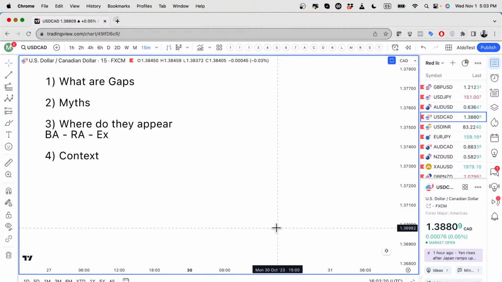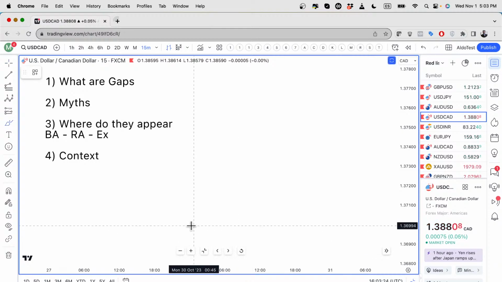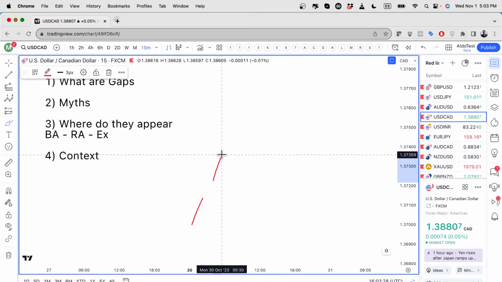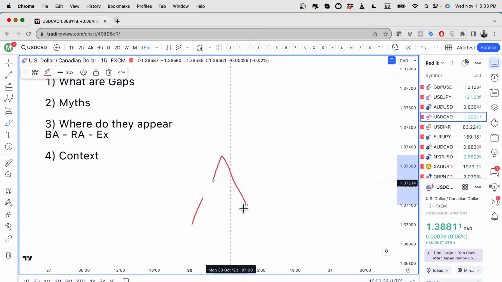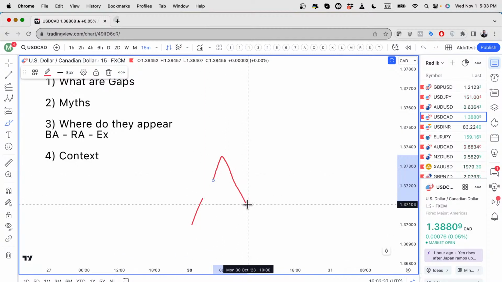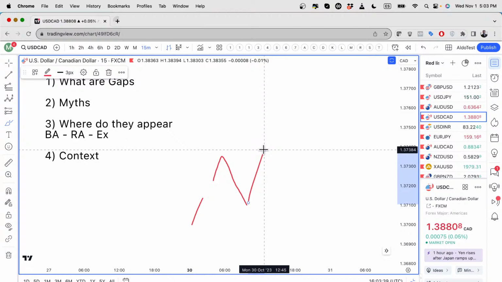The thing that everybody knows about gaps, or at least everybody believes about gaps, is that gaps are always filled, meaning that if a gap appears, trading should cover that area completely before continuing to move in the direction of the gap, or even moving in the opposite direction.